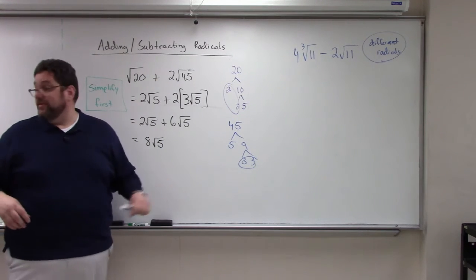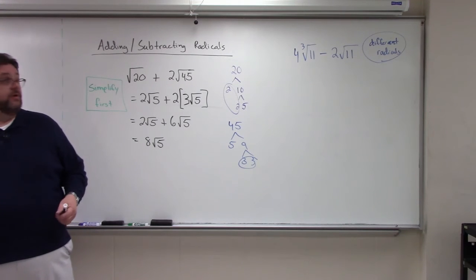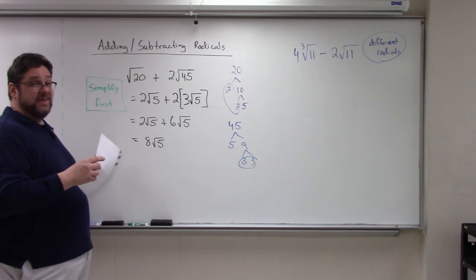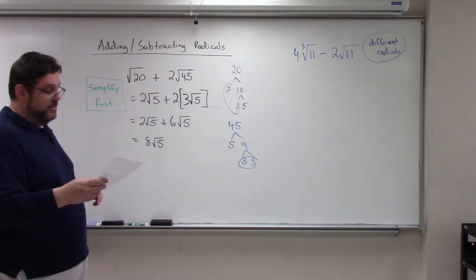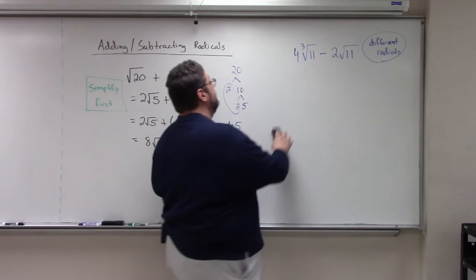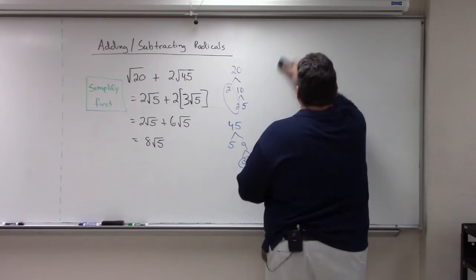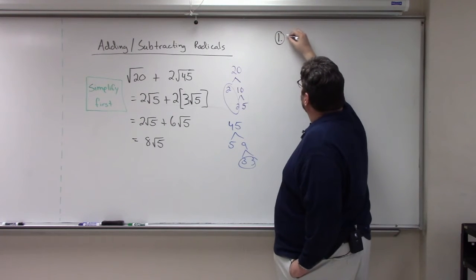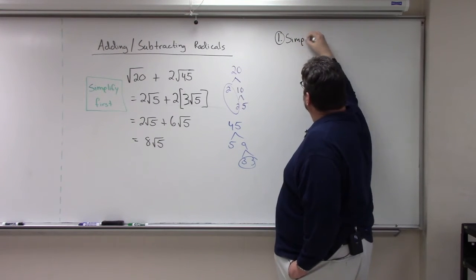And in general, this is going to be how these problems work. We're going to reduce the radicals first. We're going to add and subtract the numbers in front. Okay? And once we reduce them, the number under the radical never changes again. So 1, simplify radicals.